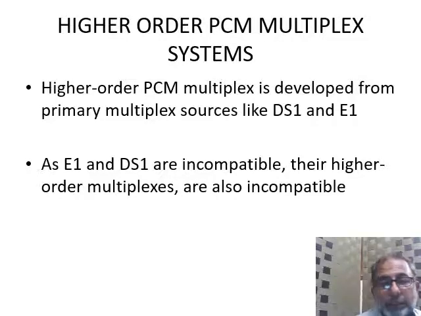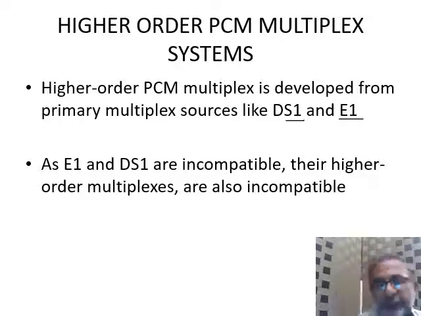Now let's see what the higher order PCM multiplex systems are. Higher order PCM multiplex system is developed from the primary multiplex sources, the DS1, which carries 24 time slots plus 1 S bit, which is for framing, and E1, which carries 32 time slots, out of which 30 are for voice channels, and two remain.